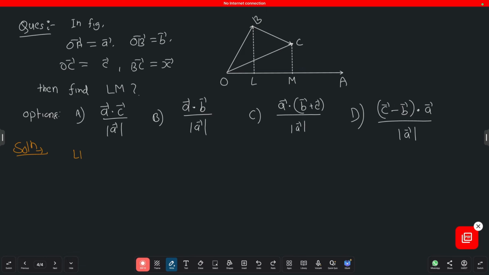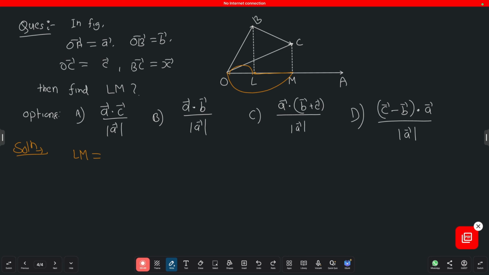You need LM, students. What is the LM length? LM means from this to this, correct? This is your LM. Question noted. Now look here, explanation. Stop writing. You want LM, correct? And how to get LM? If you know the OM distance, OM minus OL, you know from O to M and O to L. If you delete OL from OM, you will get LM exactly, correct?